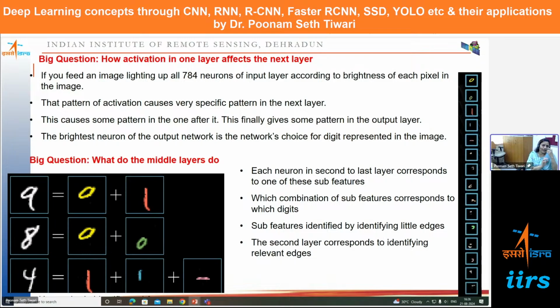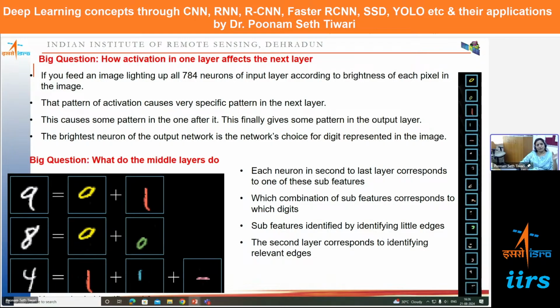Before that, let us see how the data is passed from one layer to the other, or how activation in one layer affects the next layer. When we feed the 28 by 28 image, all the 784 neurons get some input data. Some of them would have data, some of them would not, based on the pixel value of the input image.